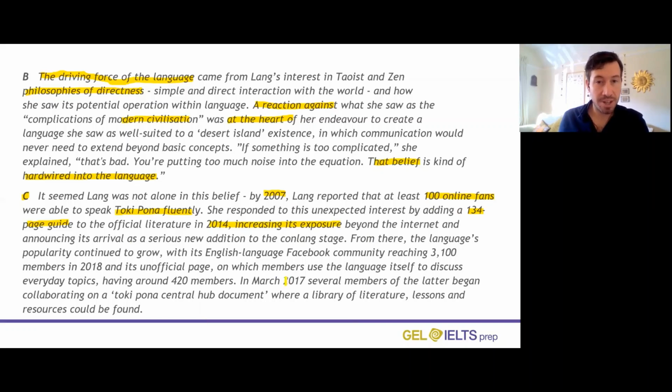And then finally here it talks about 2017, there were several members that were collaborating, and a library of literature was created, and resources could be found. So it's talking about how the language grew or developed. So it started in 2007 and got bigger and bigger and bigger, as we can see here. So again, just by reading those first two sentences and the last one, we can get a general understanding of the whole paragraph.